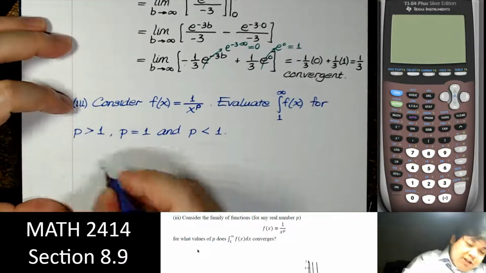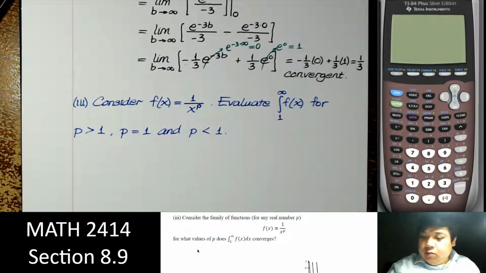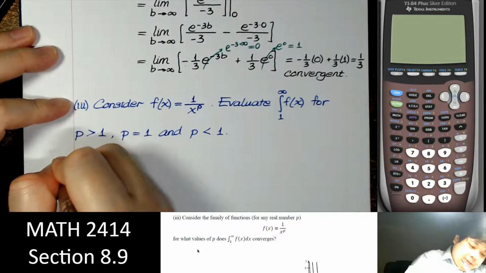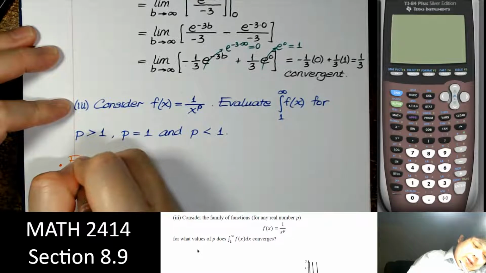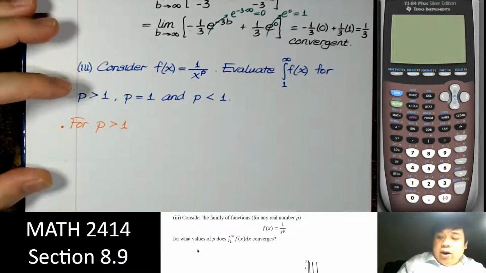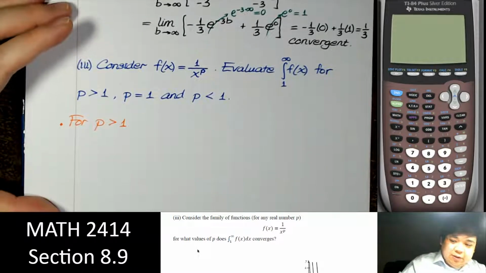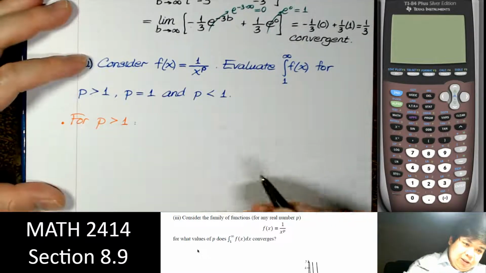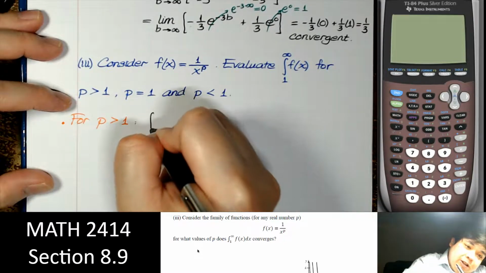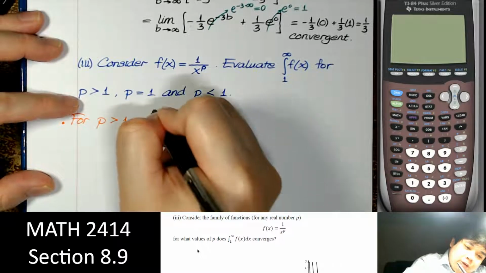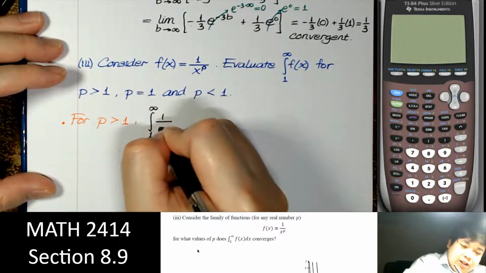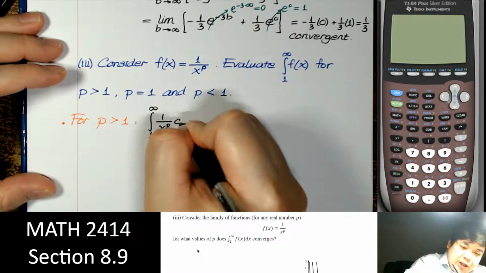So the first one, for p bigger than 1. Right? So the integral from 1 to infinity of 1 over x to the p dx.